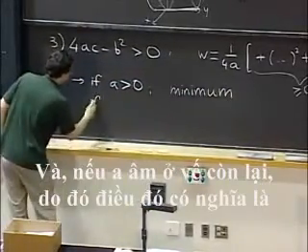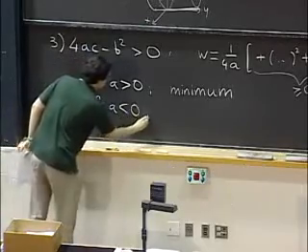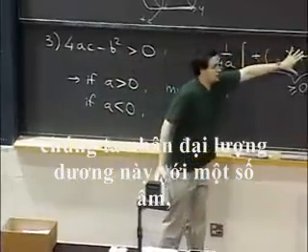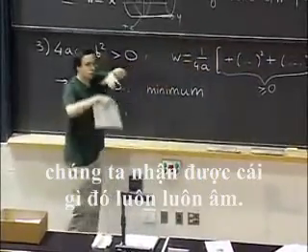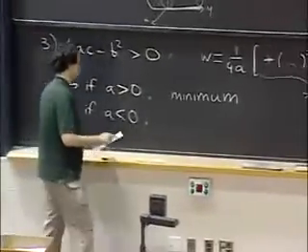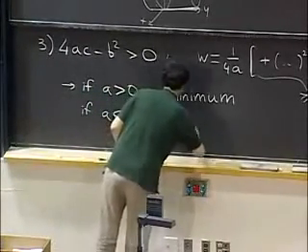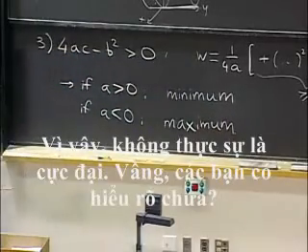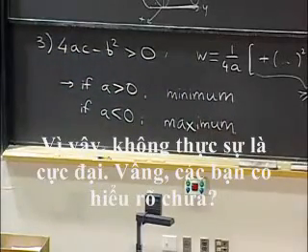And if a is negative, on the other hand, that means that we multiply this positive quantity by a negative number, we get something that's always negative, so 0 is actually the maximum. Is that clear for everyone?